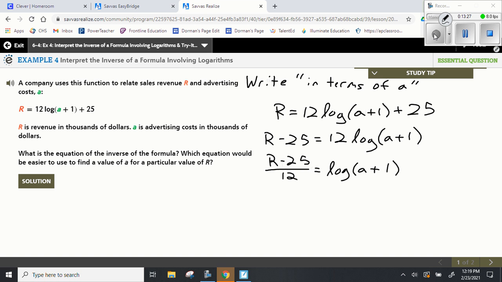So that's 10 to the R minus 25 over 12 is going to be equal to A plus 1. And then one last step, 10 to the R minus 25 over 12, minus 1 equals A. And now we've written it in terms of A. So we both did the inverse and wrote it in terms of A. Your book will be looking for this.